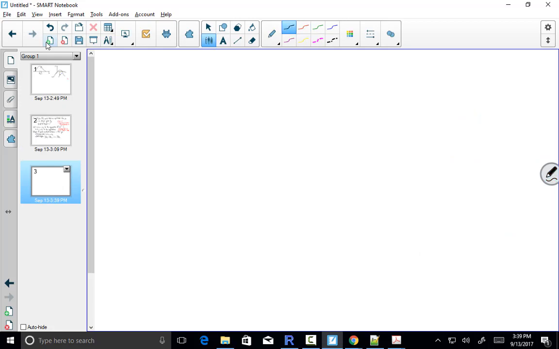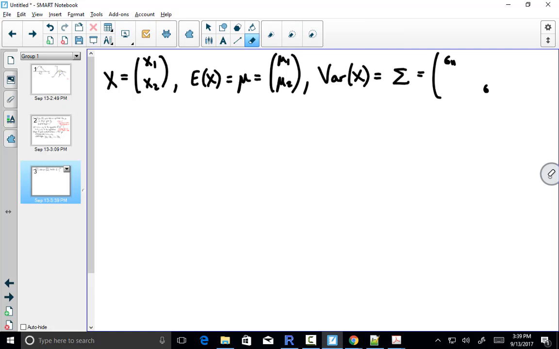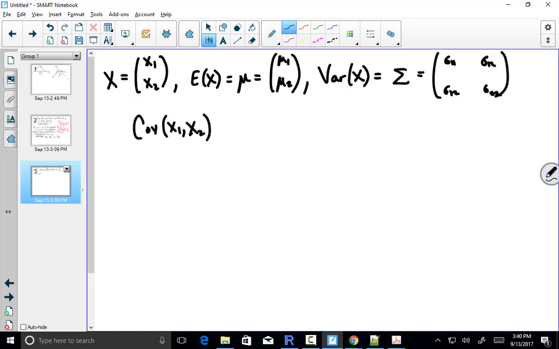We know that if x is a bivariate random vector with mean mu and variance matrix equal to sigma, the covariance between x1 and x2 is equal to sigma 1,2.